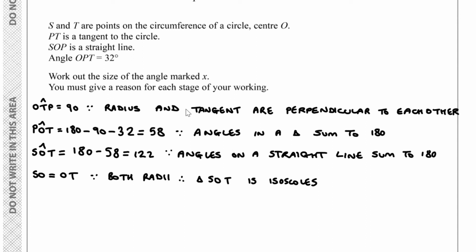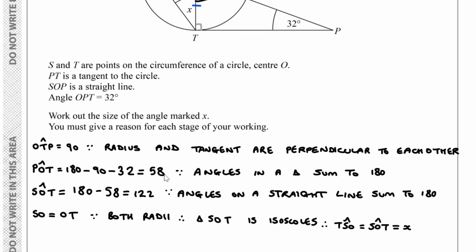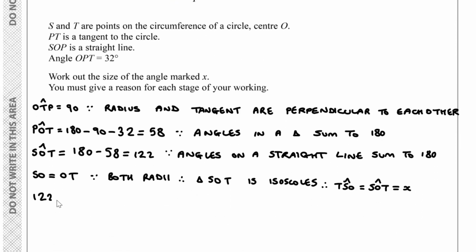So what we can therefore conclude from here is the angle TSO is equal to the angle SOT, which is equal to X. And again, recognizing that angles in a triangle add up to 180, we therefore have 122 plus X plus another X equals 180.